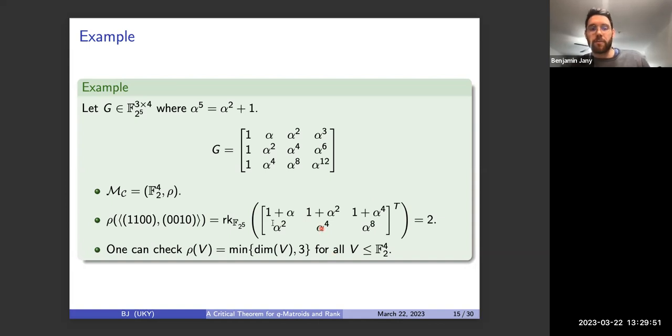And now to find the rank of this space, we just take the rank over F_2^5 of this product of matrices. And that would give us 2. And similarly, if we were to check all the rank values, we would see that the rank function is really nicely defined, and it's called a uniform q-matroid.